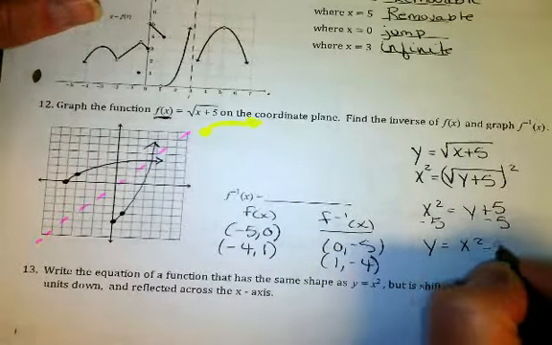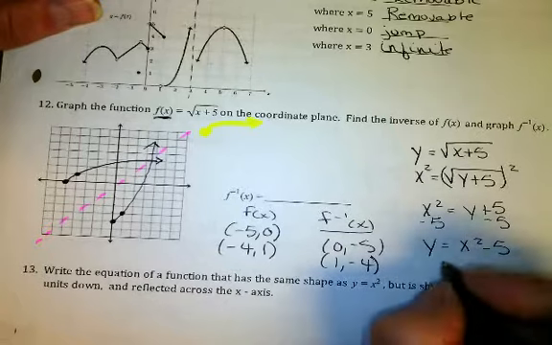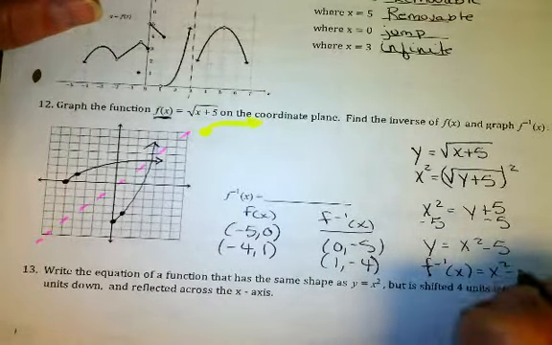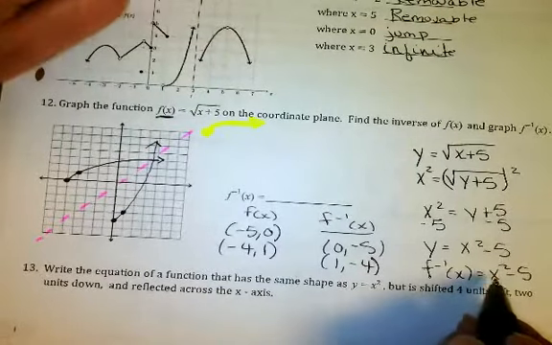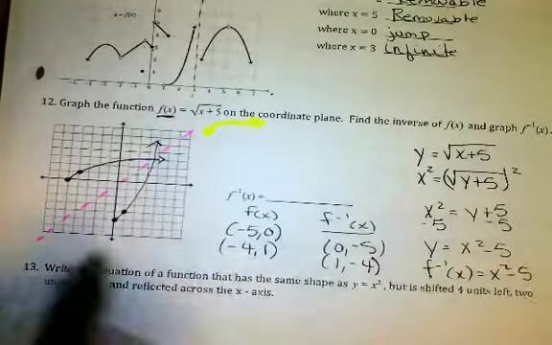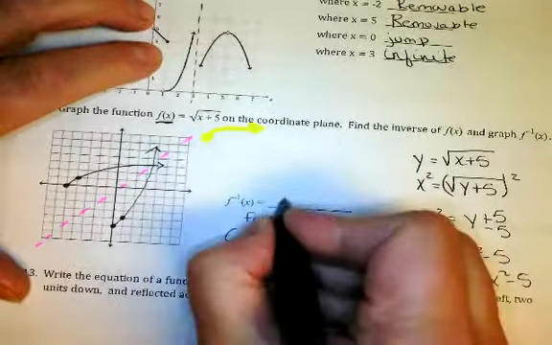Y equals x squared minus 5. And that's the inverse. Now, this is a parabola, but remember, I have to limit my domain. So because of that, I really only want that side of the parabola.